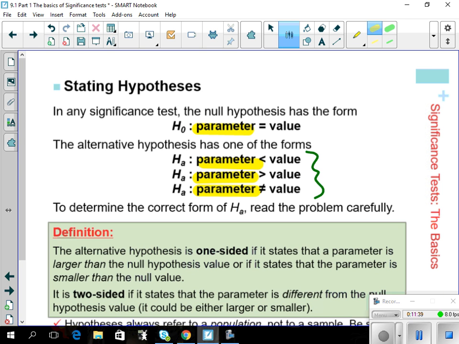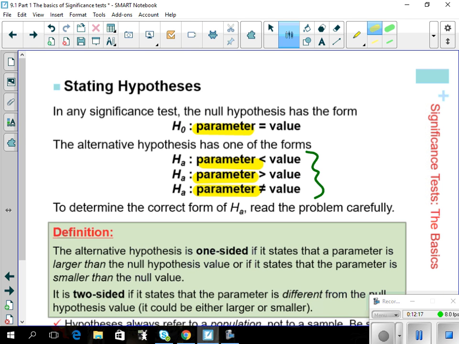Your confidence interval is trying to capture a parameter, isn't it? So we're trying to make some conclusions about the parameter, about the population. That's the whole idea of inference, being able to make claims or judgments or decisions about the population. So always your hypotheses will be written in terms of the parameter, which means we're writing it in terms of mu if it was means and p if it was proportions. Are we good so far?